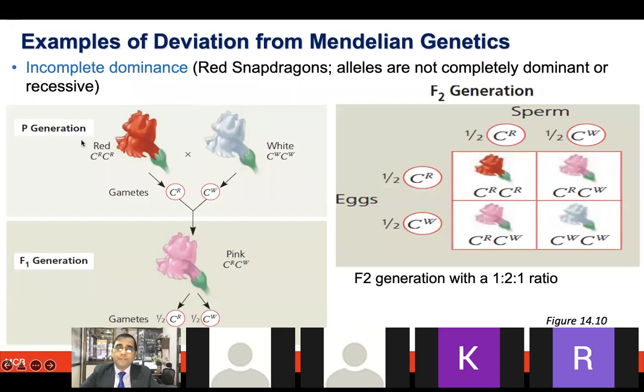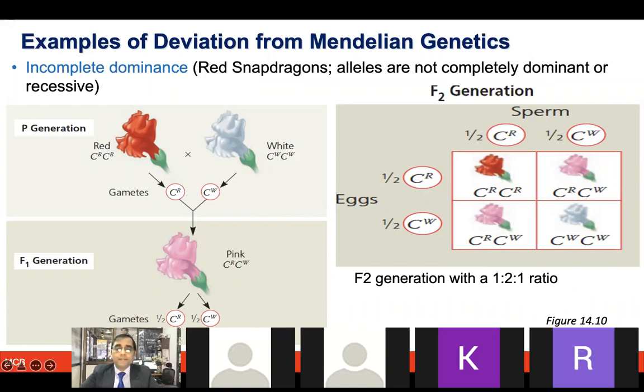In the parent generation, if you do the cross, let's say we denote the red as C capital R, C capital R, and the white flowers as C capital W, C capital W. What you see here, R and W, both capital, results in a new type of gamete formation in the F1, which results in pink colored flowers. Now when you take the seeds from this pink flower and do the further cross of RW and RW, the characteristics are further segregated, and now you see a red, a white, and a pink. The ratio turned out to be 1:2:1.